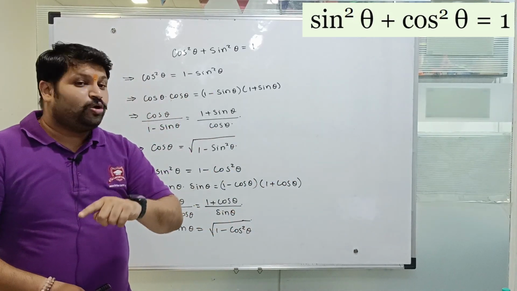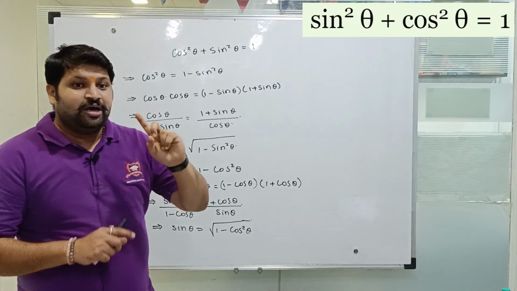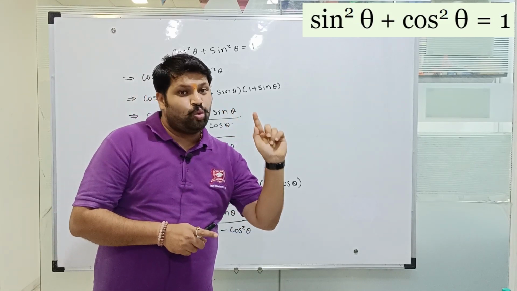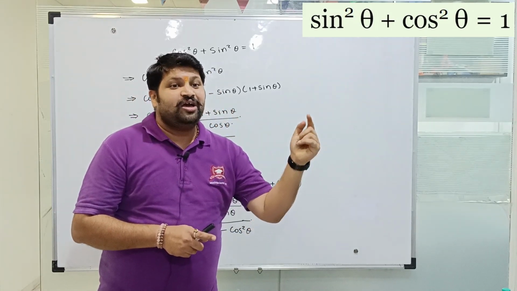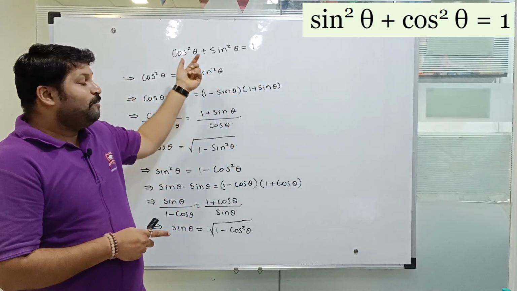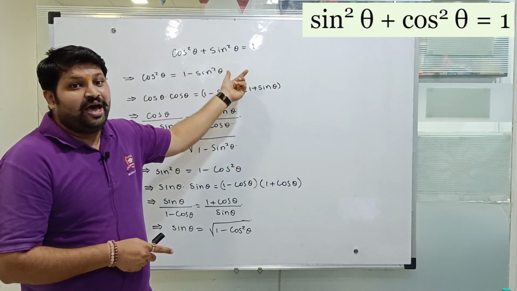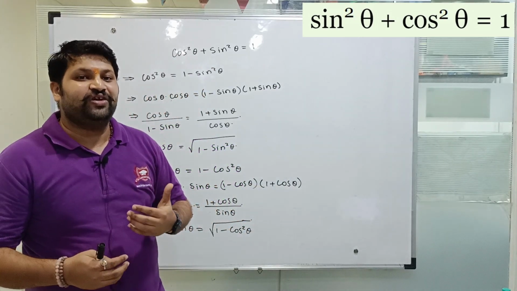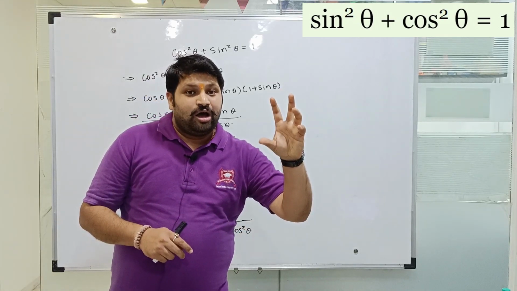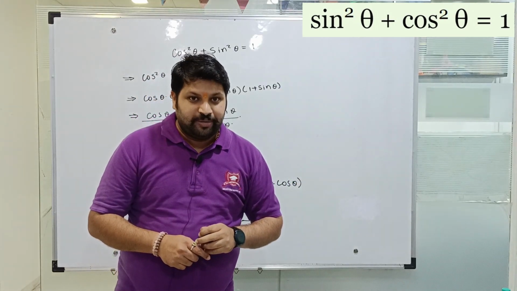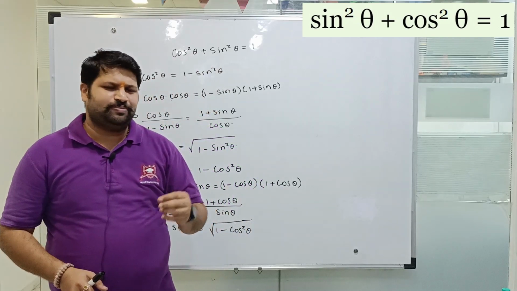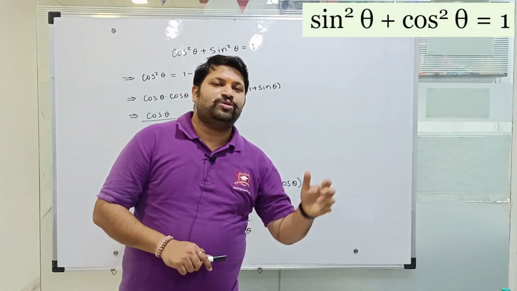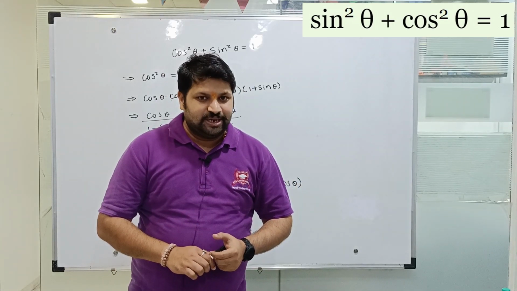However, if we are proving a sum and it has a lone single 1 around there, we can replace that 1 by sin square theta plus cos square theta as well. Many students find it slightly difficult to figure out what to do with that 1. So there are times in certain examples that 1 can straight away be replaced by sin square theta plus cos square theta, and it could take us to the answer very easily.